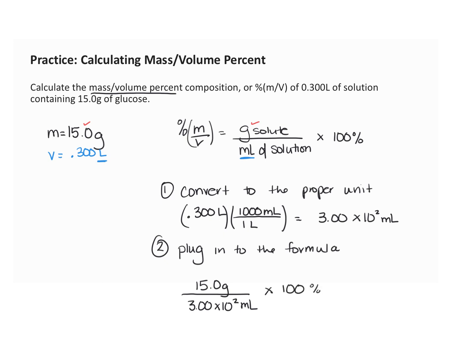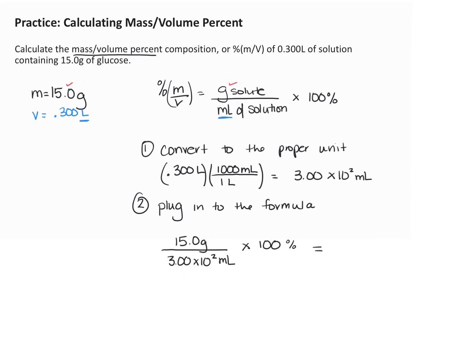That's what gives us our percent. When we do that, we should get 5.00%, and we write M over V here. You have to add the M over V or the M over M, because that helps us distinguish between the two. So make sure you add that in when you report your answer.